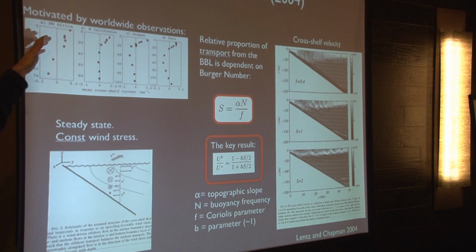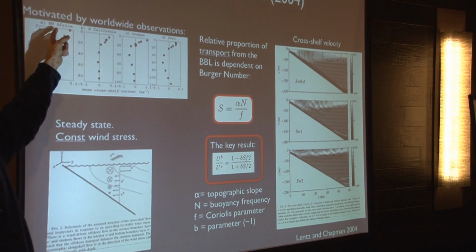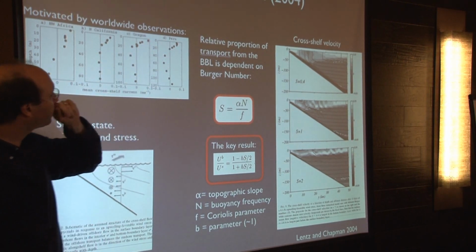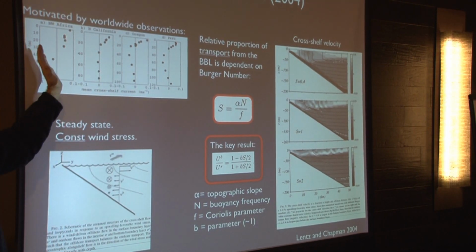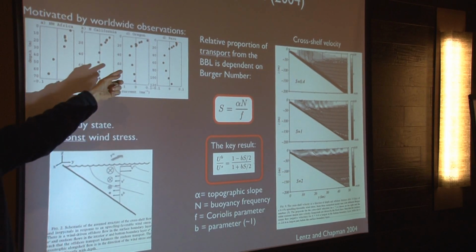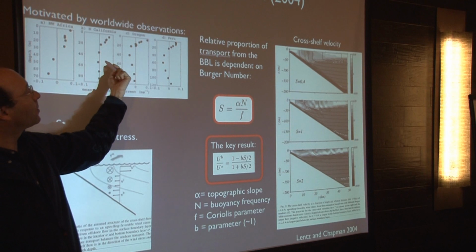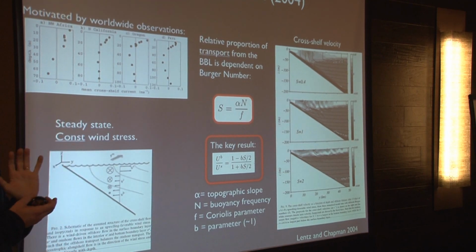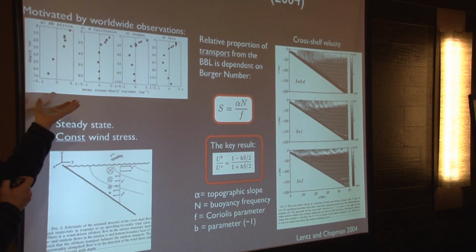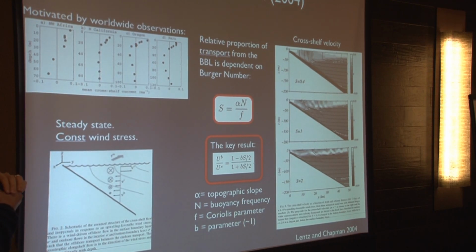They found off Northwest Africa, well, let's see, here are 4 different zones: Northwest Africa, Northern California, Oregon, and Peru. And dots that go to the right of the line are offshore Ekman transport, and dots that go to the left of the line are the return flow coming in underneath that offshore Ekman transport. And these are, I believe, annual average mooring observations.